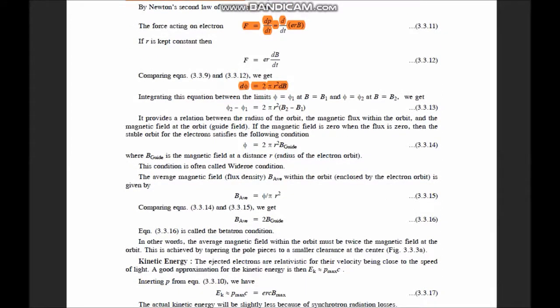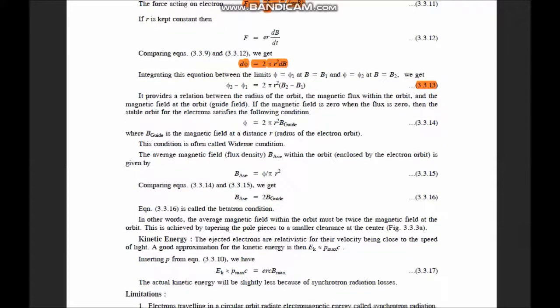If we assume that the initial flux is 0 when B was 0 and the final flux is phi when B is equal to B guide, we get phi is equal to 2 pi r square B guide. This was the magnetic field at a distance r from the center of the magnet, which is the same as the radius of the electron orbit.